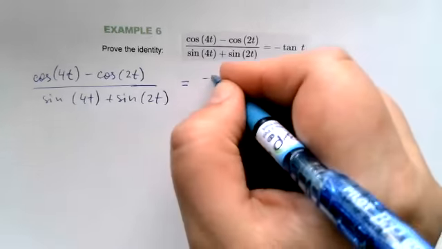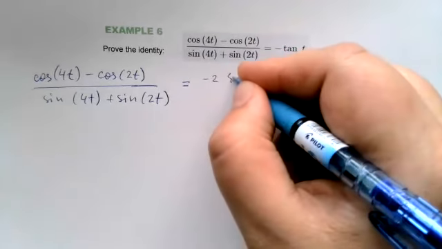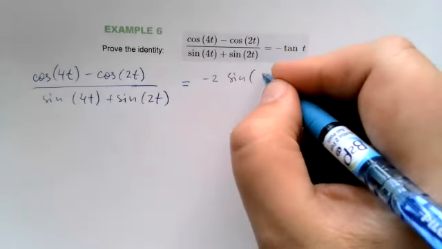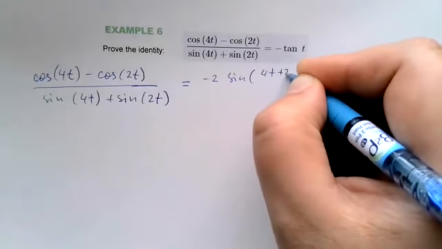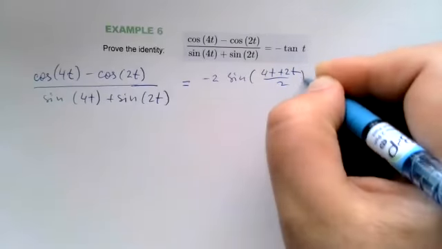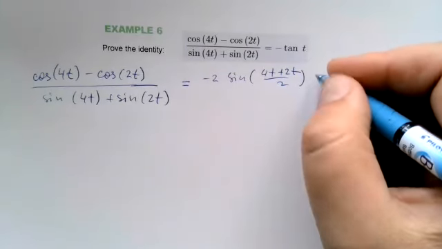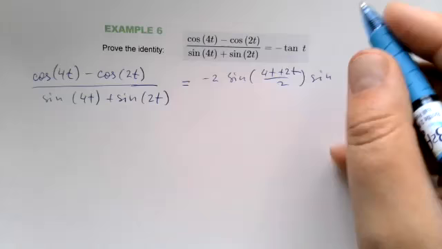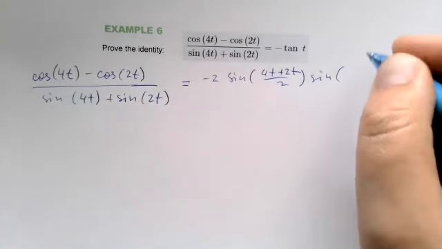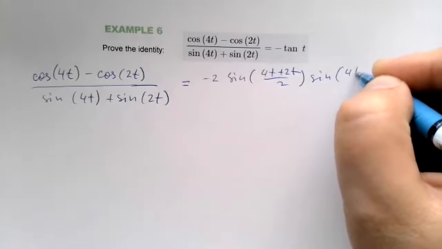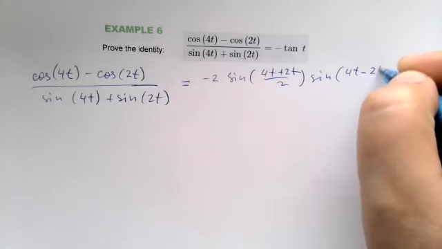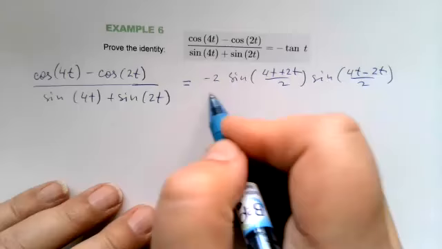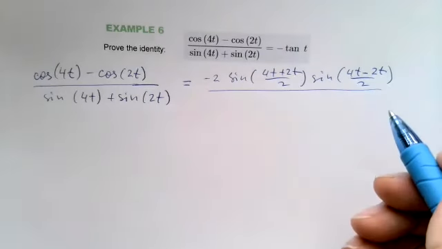So that's going to be a -2 sine of alpha plus beta divided by 2, multiplied by sine of alpha minus beta divided by 2. So that's my numerator.